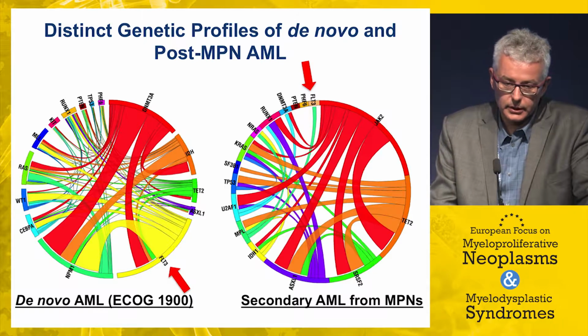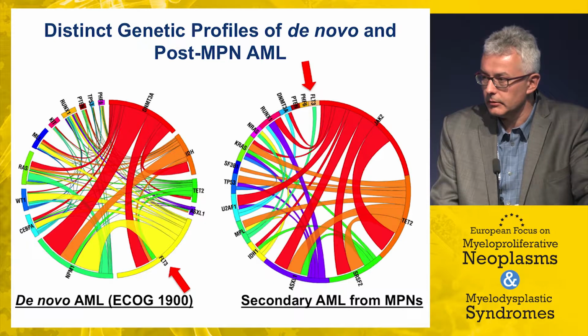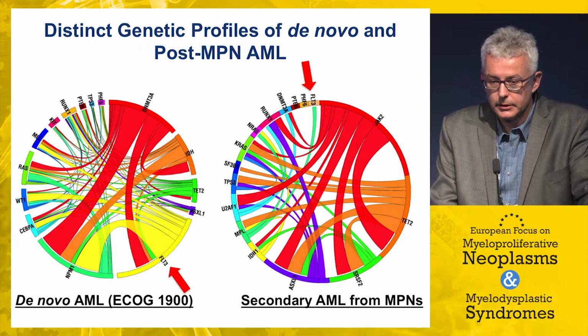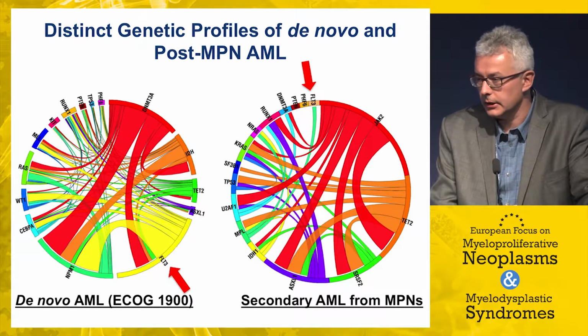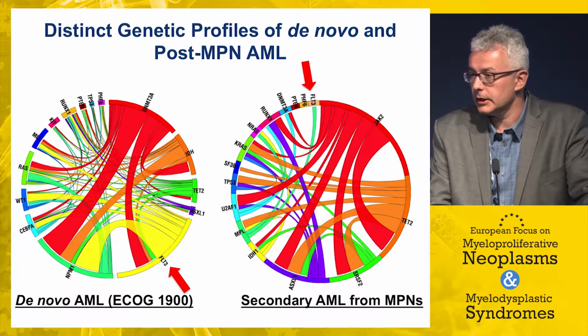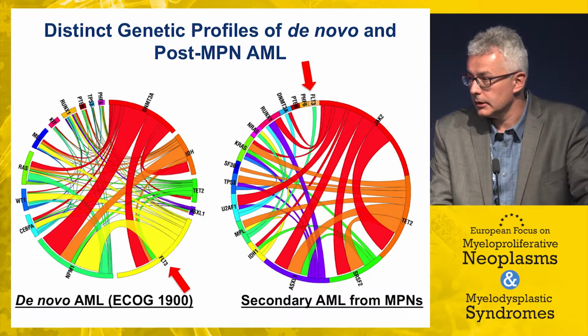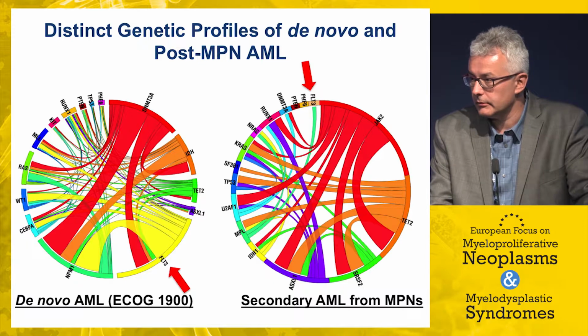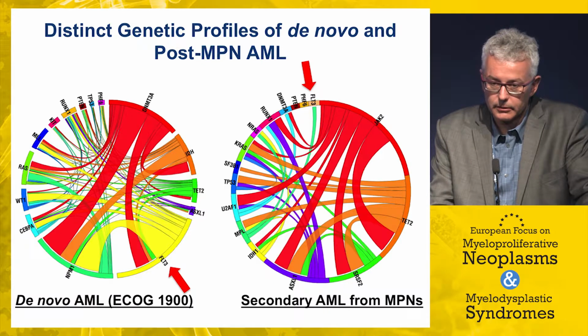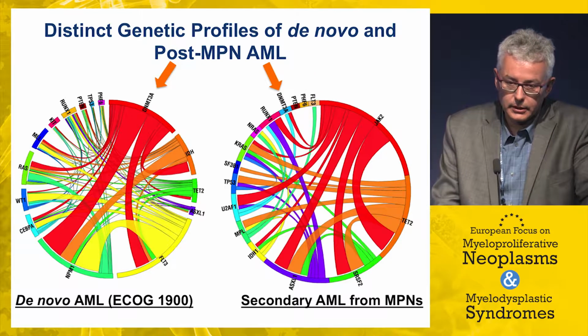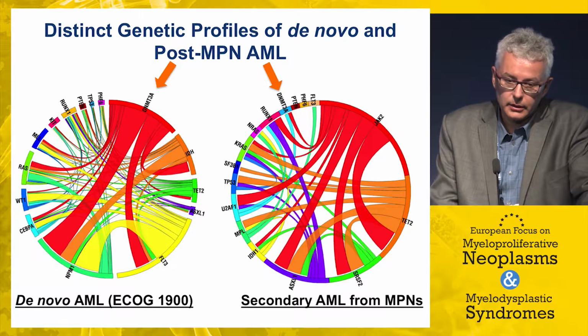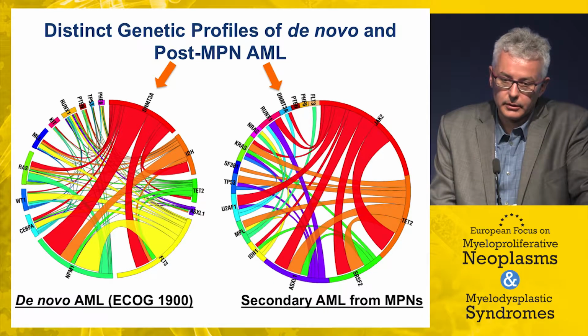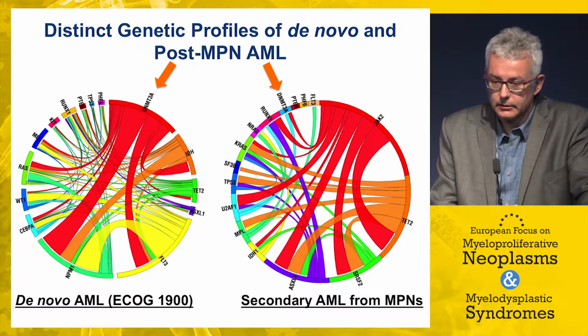In the de novo acute myeloid leukemia, the arrow shows FLT3 mutation, which is common, relatively speaking, in acute myeloid leukemia and hardly ever seen in the acute myeloid leukemia after MPN. We don't even test for that anymore. It used to be that we did because we thought FLT3 inhibitors would be effective in this condition, but it's hardly ever present in post-MPN acute myeloid leukemia. And here, on the other hand, DNMT3A is common in the de novo and not very common, again, in secondary acute myeloid leukemia.